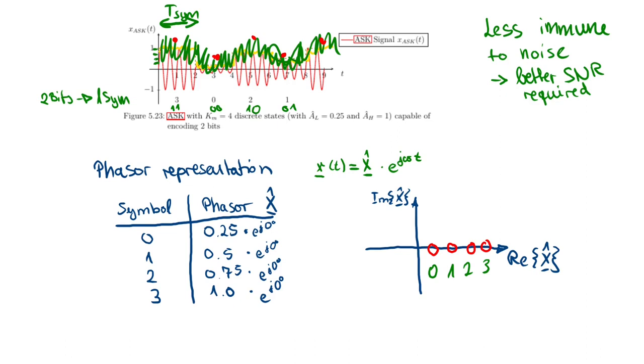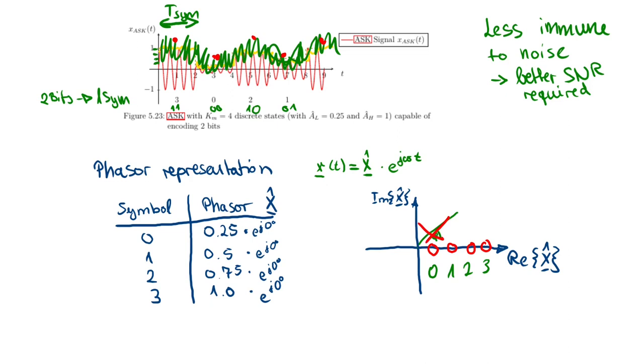So you see here, everything is on the real axis and on the positive side of the real axis, and only the amplitude is affected, but there is, for example, no shift here in the phase.